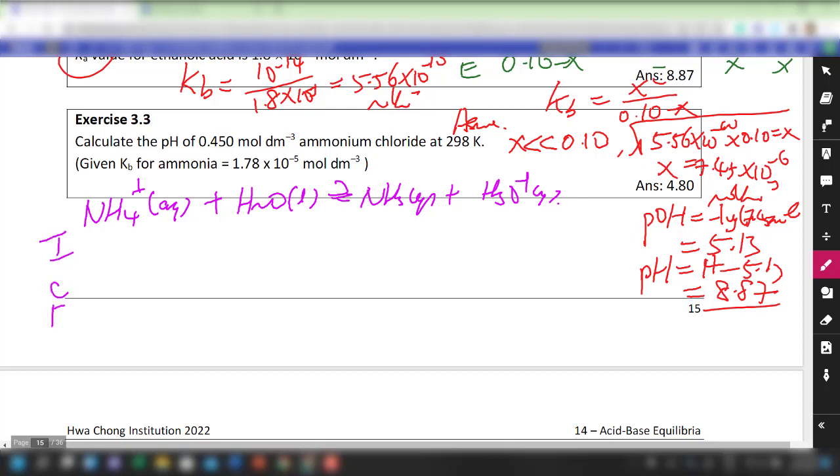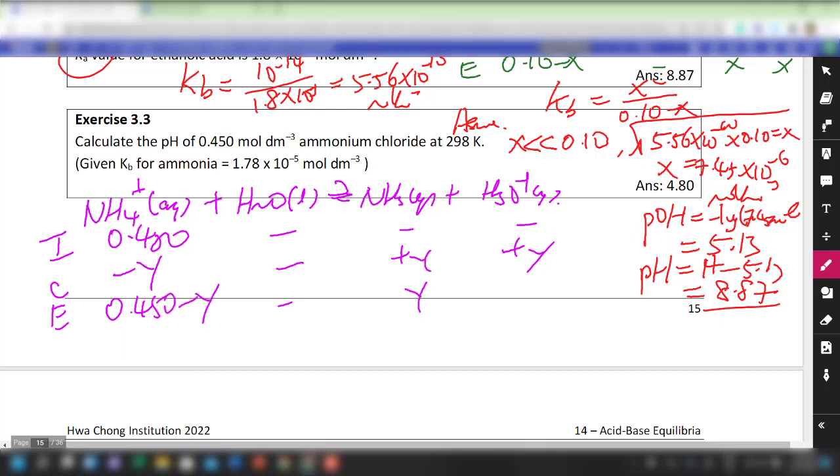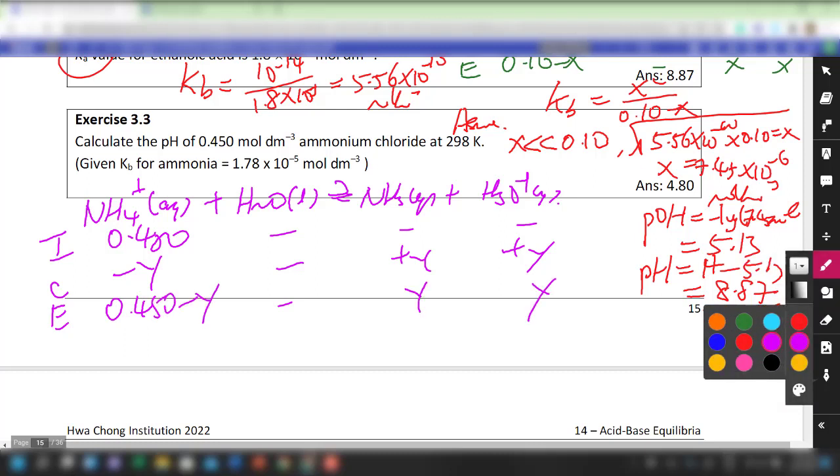Again, I stable. Ammonium concentration is given to be 0.450. We let the change be y, so minus y, plus y, plus y. The equilibrium concentration of ammonium will be 0.450 minus y, and then y, y.